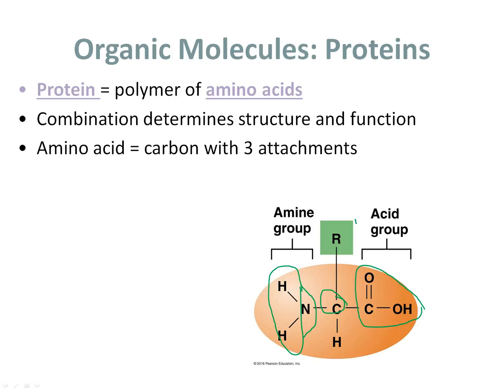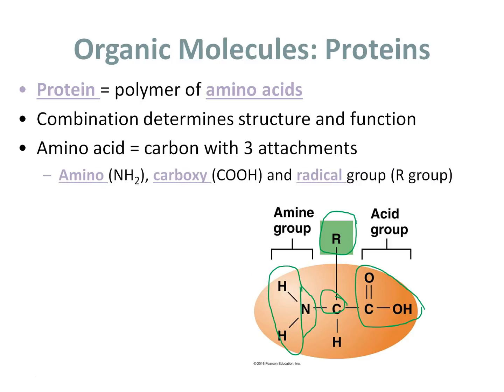And then each amino acid is unique because of the R group that it contains. So all amino acids have the carbon in the middle, the acid group on one end, and the amine group on the other end, but they vary in terms of their R groups.